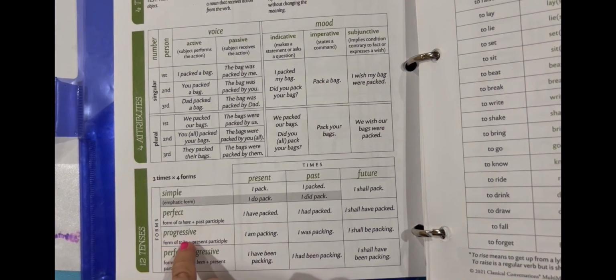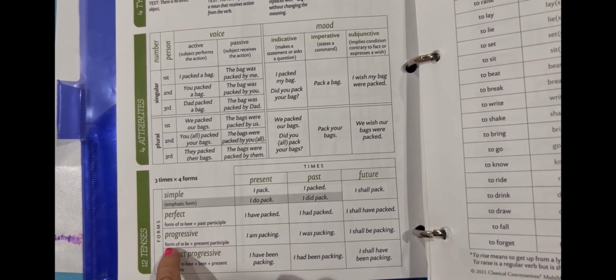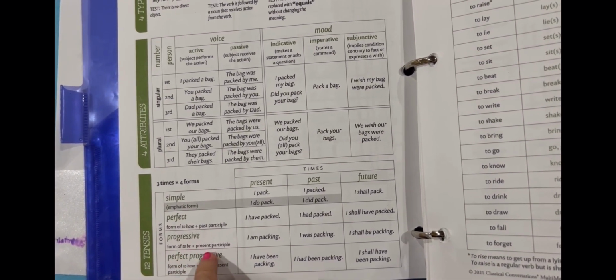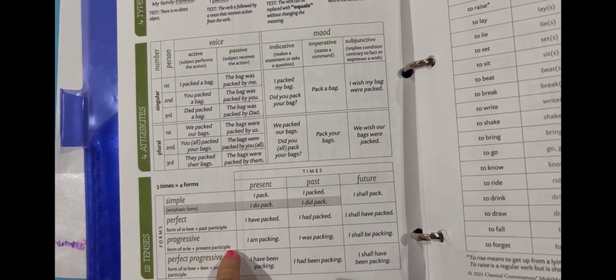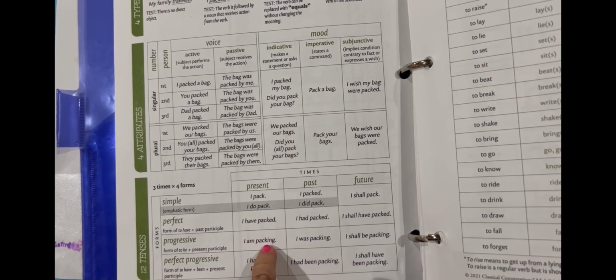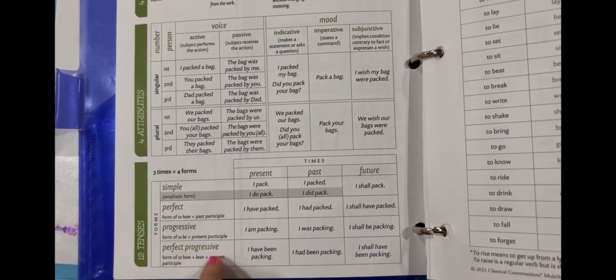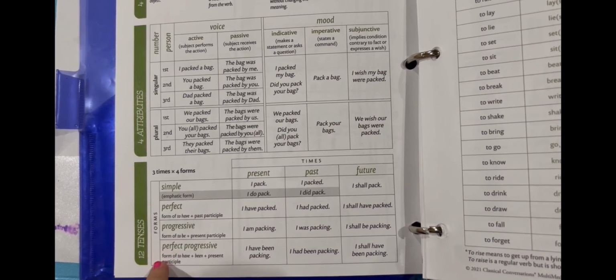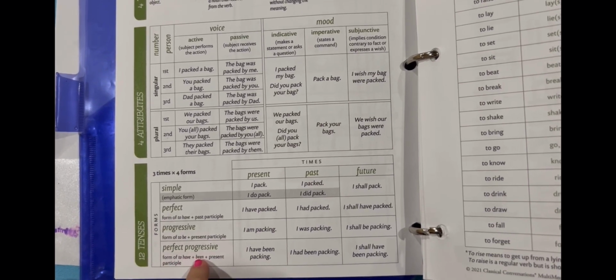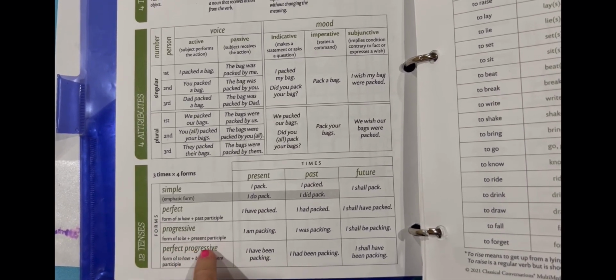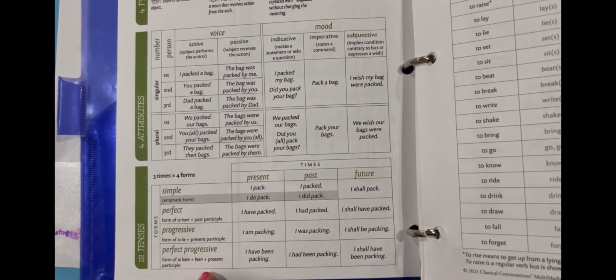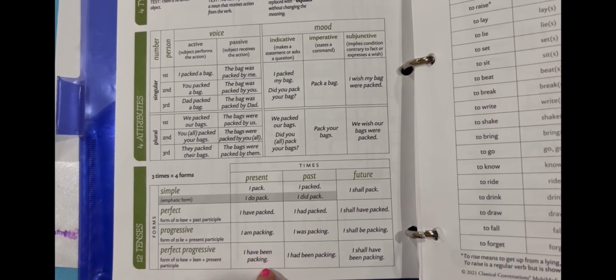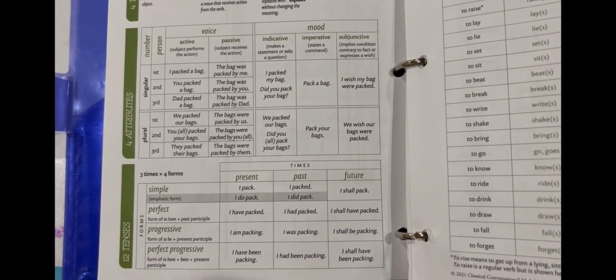For the progressive form, you have to be plus a present participle, which is a verb plus ing used as an adjective or a verb. And then you have to be perfect plus been plus a present participle for the perfect progressive. A present participle is a verb plus ing used as an adjective or a verb.